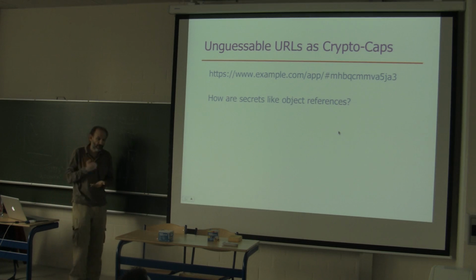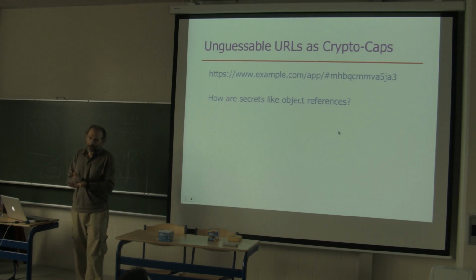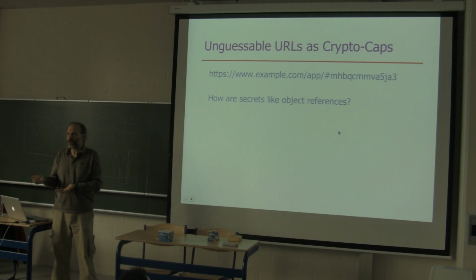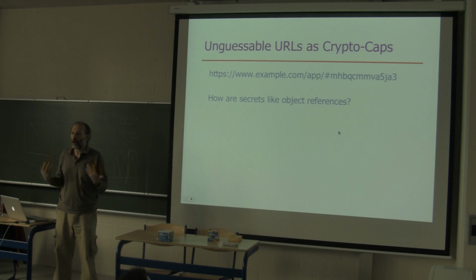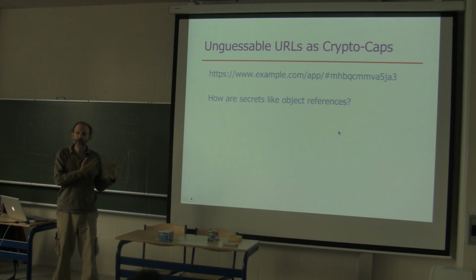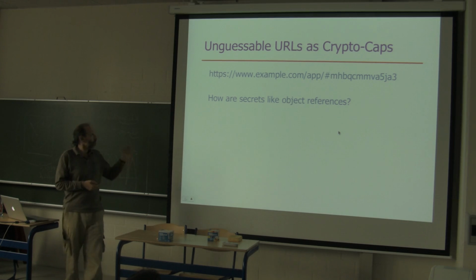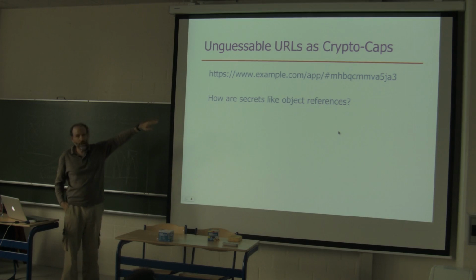Okay, so let's start with the crypto. It's actually a very simple thing that enables it. The web has already done all the hard work by deploying TLS and the HTTPS URLs in order to create secure TLS connections. So the analog of our object reference on the network is an unguessable HTTPS URL.